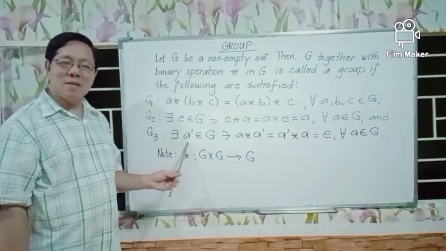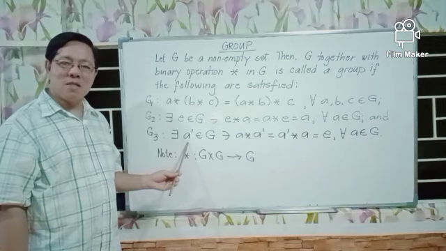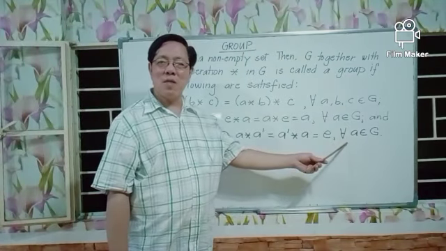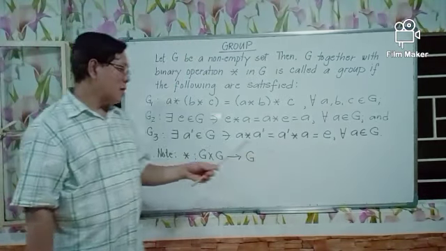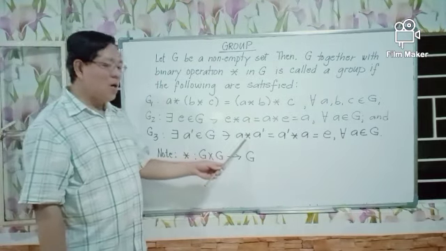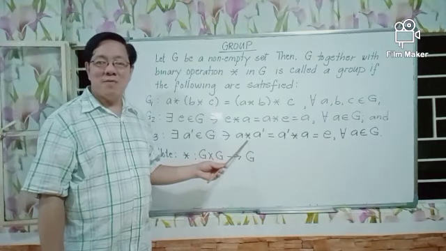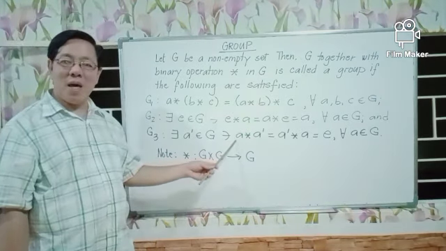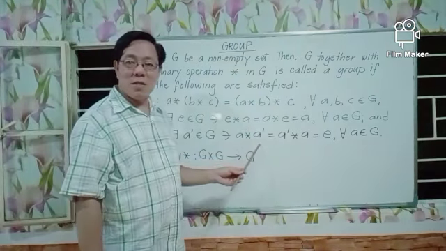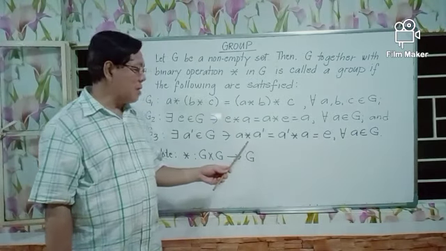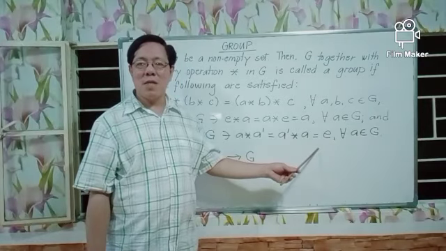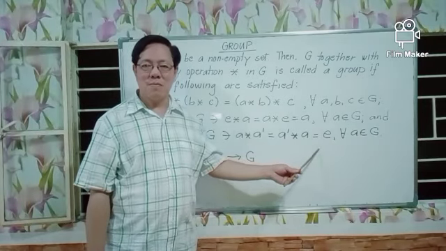And this property tells us that if you combine any element a of G with its inverse using the binary operation star defined in G, the result is equal to the identity element e.